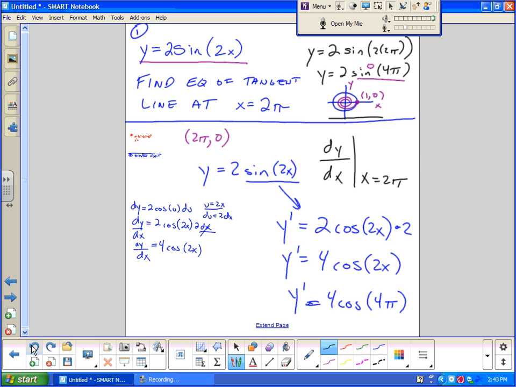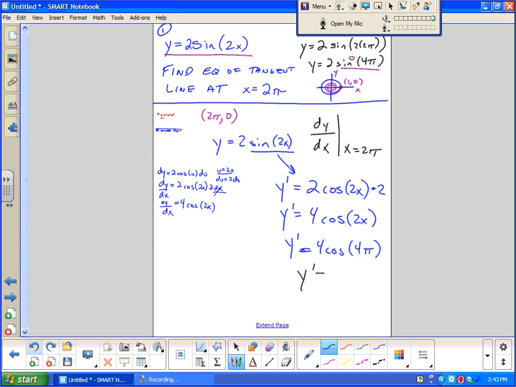So I will tell you the derivative has a slope of 4. So y prime is 4. I now have a point and I now have a slope. I will write in point slope form. y minus 0, because the value is 0 there, equals 4 times x minus 2 pi. And there's the equation of the tangent line.